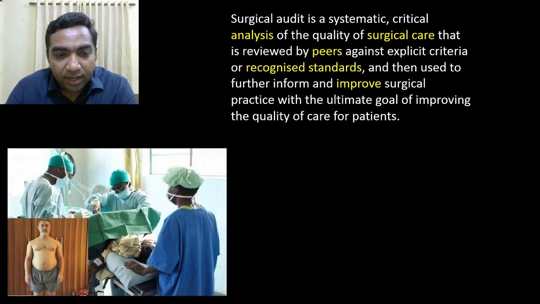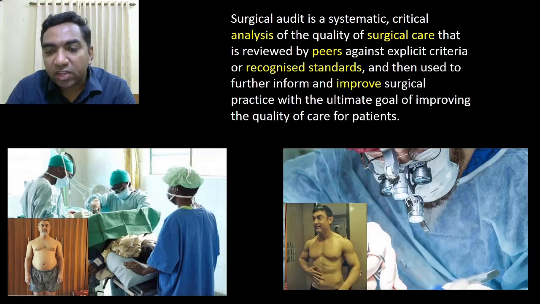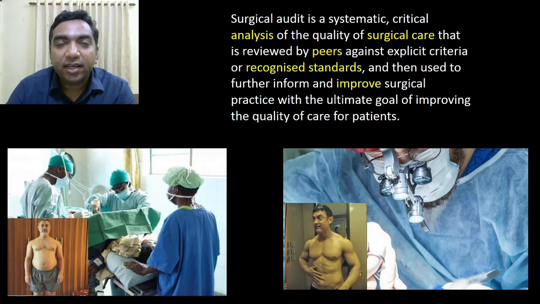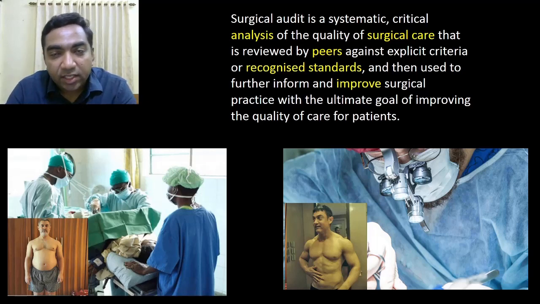So in this case, suppose we can see what the OT is like. Can we improve the lighting? Can we improve the anesthesia techniques? Can we improve the instruments? And finally, when we improve into something better, that is the basic purpose of surgical audit. And finally, it will benefit the patient.